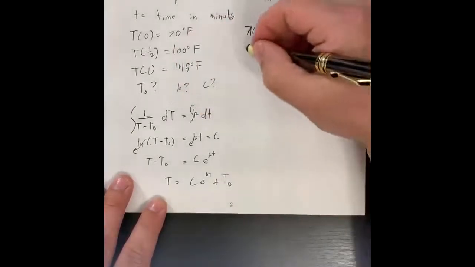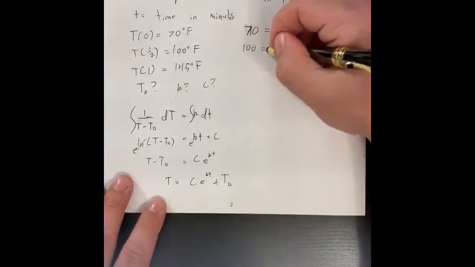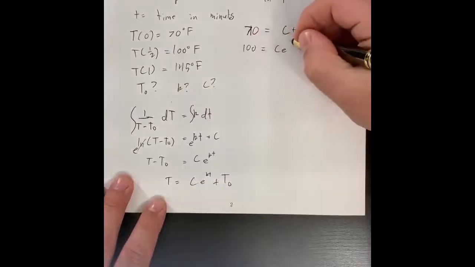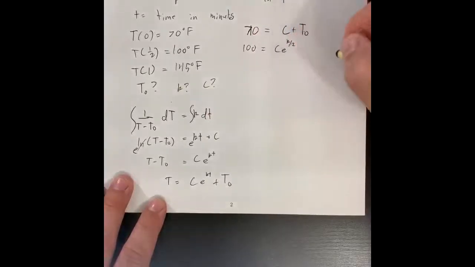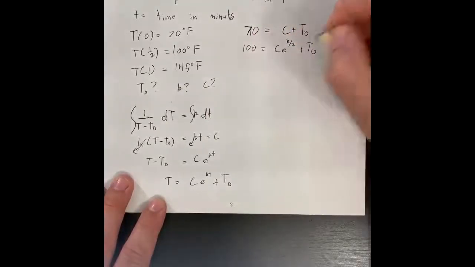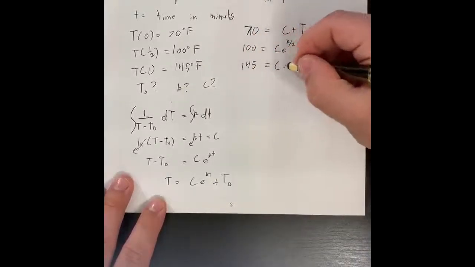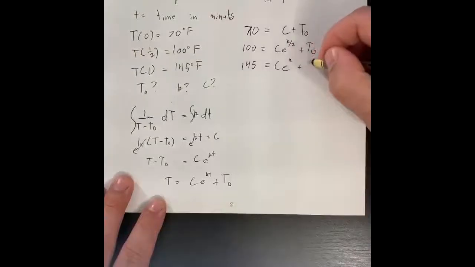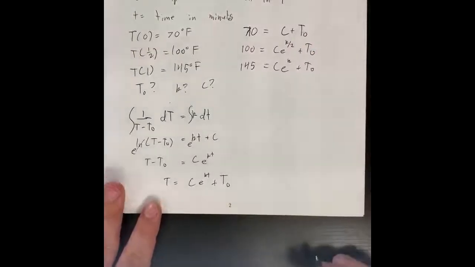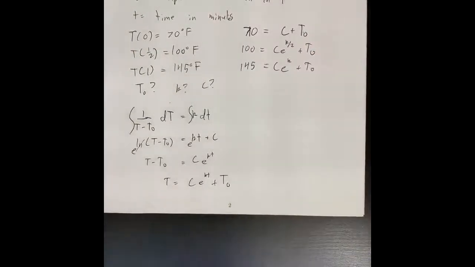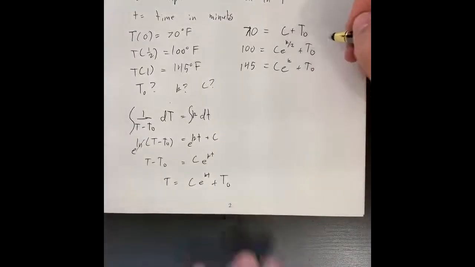T of a half, 100, so we have 100 equals C e to the K over 2 plus T naught. And then T of 1, 145, is C e to the K plus T naught. So somehow we want to solve for T naught. It's our goal here.